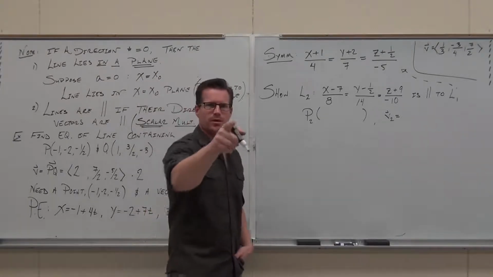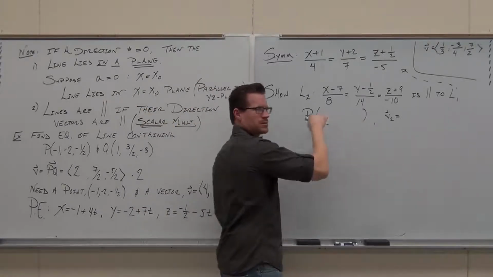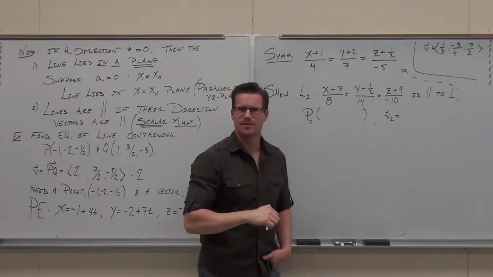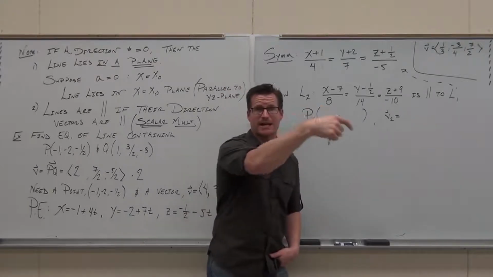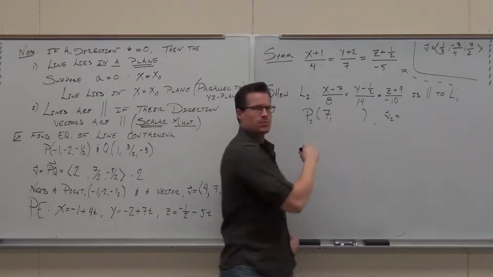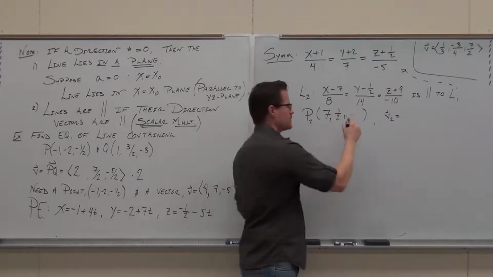Can you find me the point? So you guys got the point. You're going to get the vector. What's the point start with? 7 or negative 7? Positive. Why the opposite sign? Because in the symmetric equation, it's x minus that. So we're changing signs here. So this is 7. What's the y? Positive. And the z? Negative.